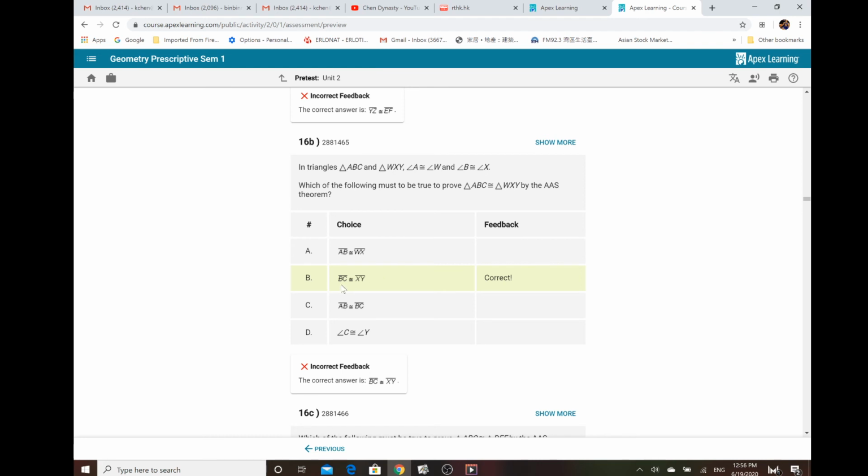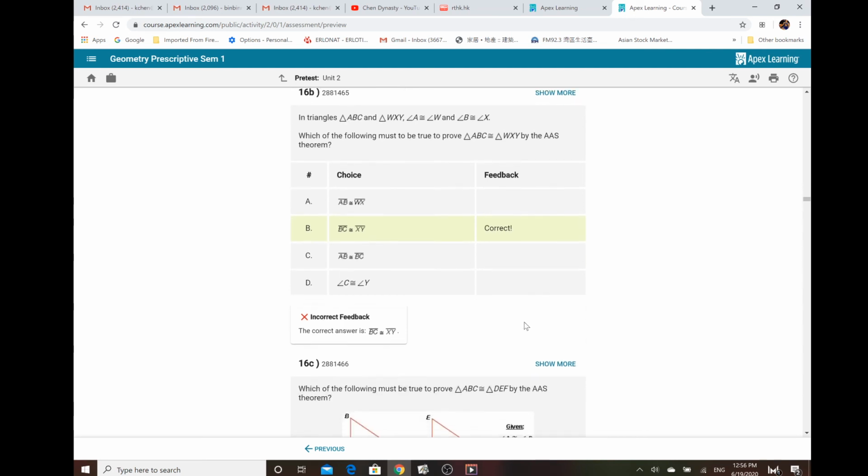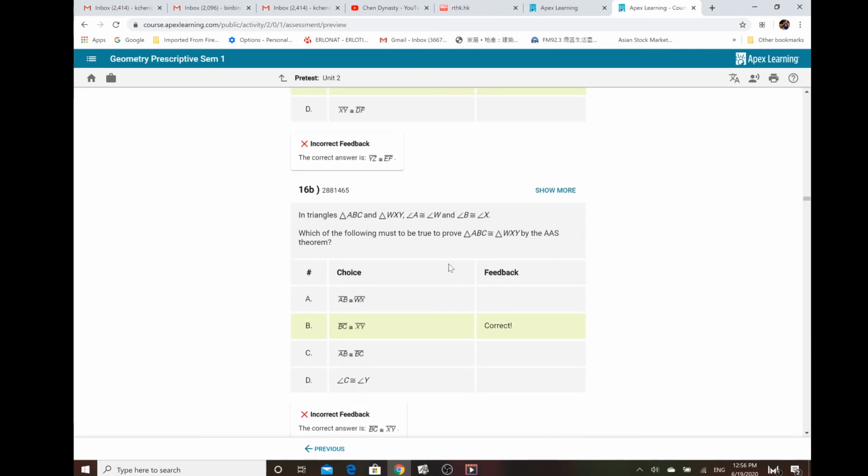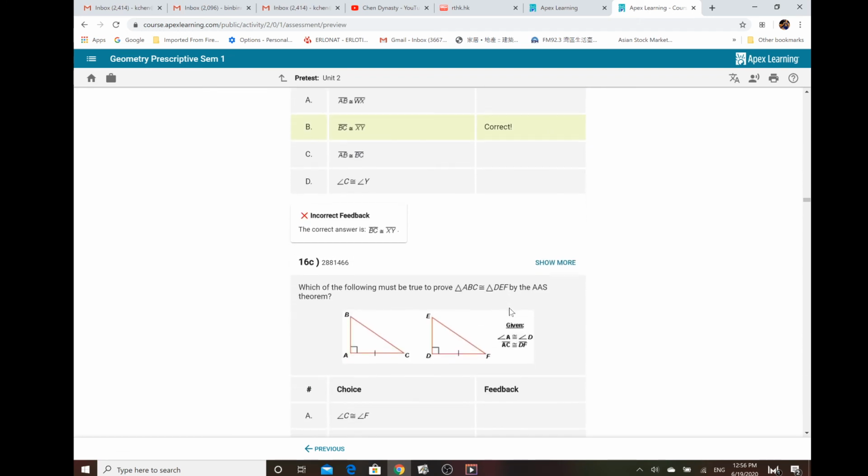So that would be segment BC is congruent to segment XY. As you can see, BC and XY are corresponding segments, and they're not included segments in between angle A and angle B, or angle W and angle X.